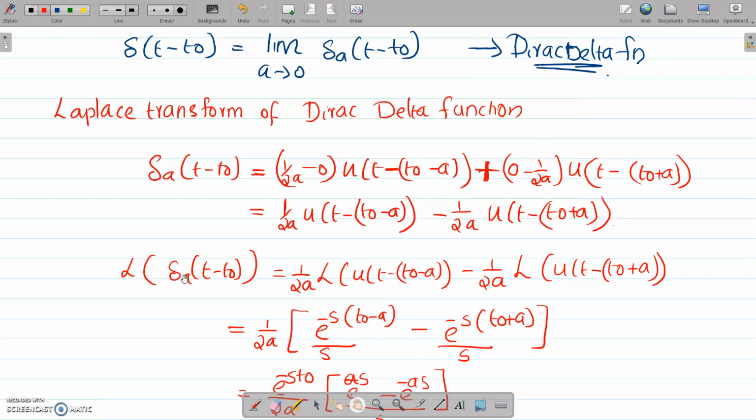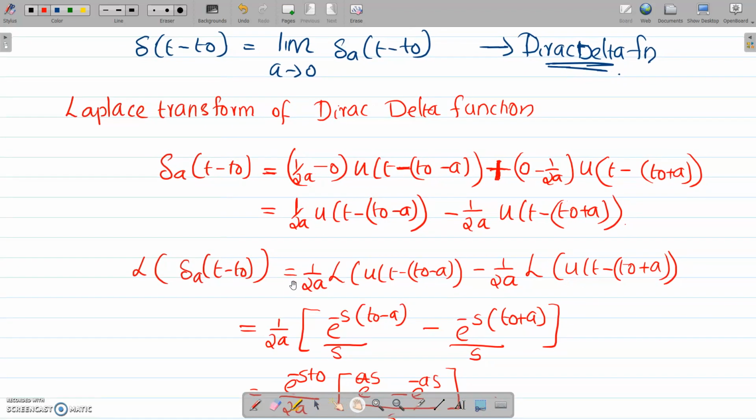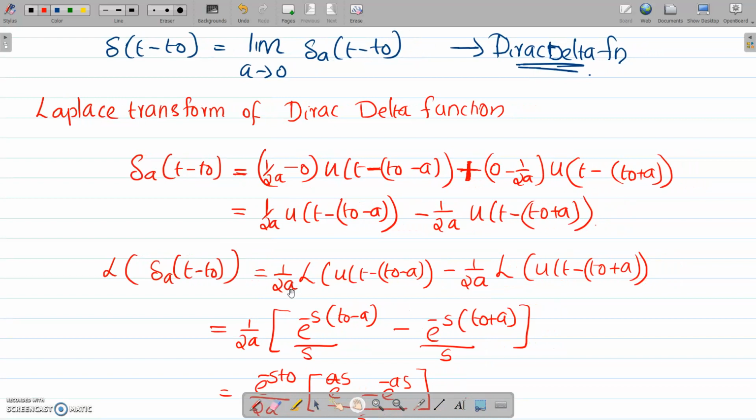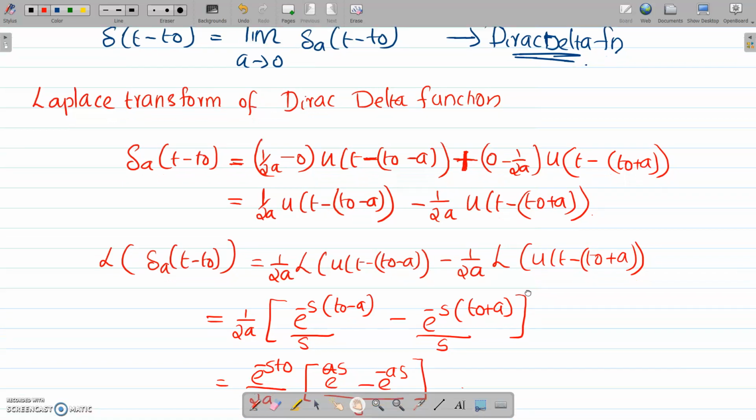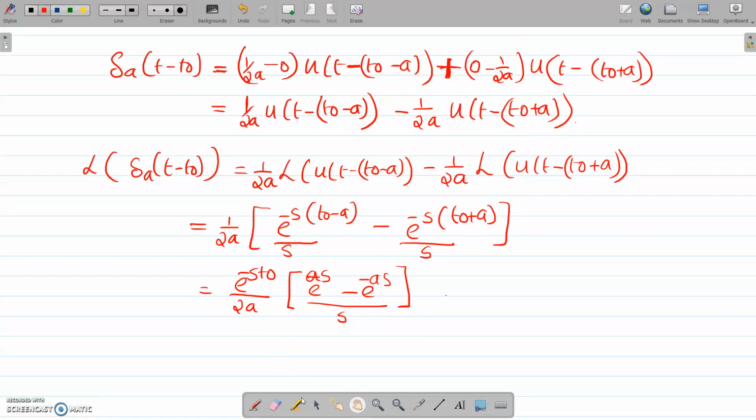Then the Laplace transform of this delta a of t minus t naught is equal to 1 by 2a of this statement, that is 1 by 2a Laplace transform of u of t minus t naught minus a, minus 1 by 2a Laplace transform of u of t minus t naught plus a. So what was the Laplace transform of the unit step function?